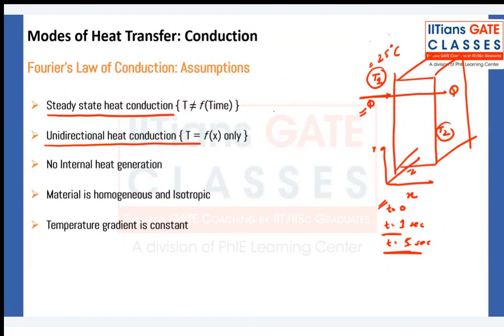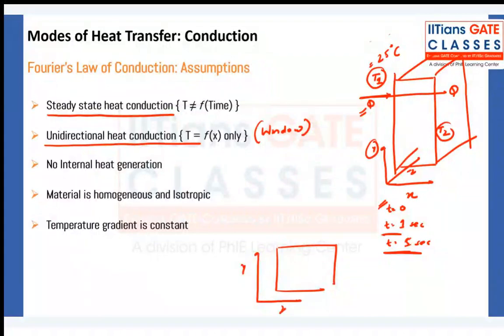Your window, if you see your glass window, then only the horizontal direction heat transfer takes place. Your height and width are very large, while the thickness is very small. If this is your window, these dimensions y and z are very large, so only in the x direction does heat transfer take place.